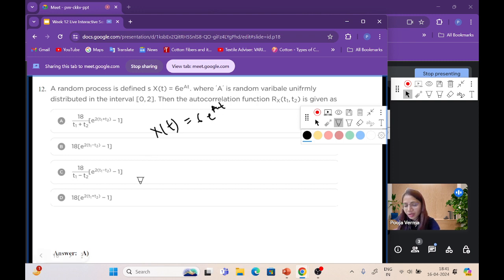And we need to find the autocorrelation of this signal, which is represented by Rx(t1, t2), and we can find it as the mean, or expectation, of x(t1) into x(t2).